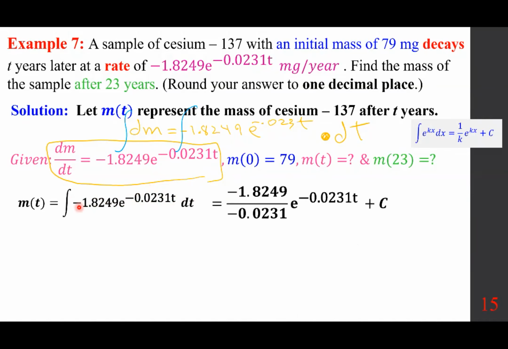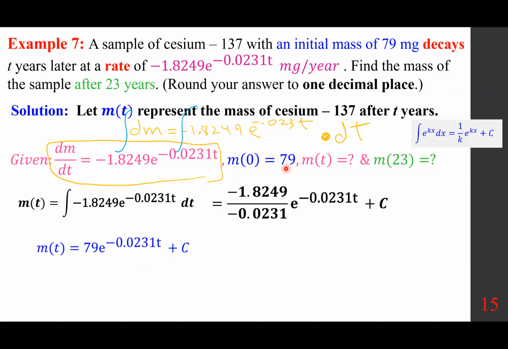Again, we are dividing this by the coefficient of t in the exponent. This ratio ends up being positive 79. So m of t is 79 e to the power of minus 0.0231 t plus c, and there are infinitely many solutions here.